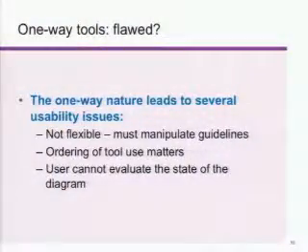So a few issues that we felt there were with doing this via the approach of one-way constraints. So the first problem is that it's not flexible, in the sense that the user can't interact with just any of the objects in the diagram. They must interact with the guideline rather than the shapes.